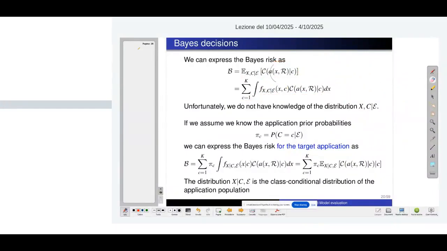Now, this is a joint probability. We can always express the joint as class conditional times prior, as always. Notice that this is the prior according to E, so the prior that somebody who knows the real application puts. So it's the application prior, not the prior of some empirical dataset.